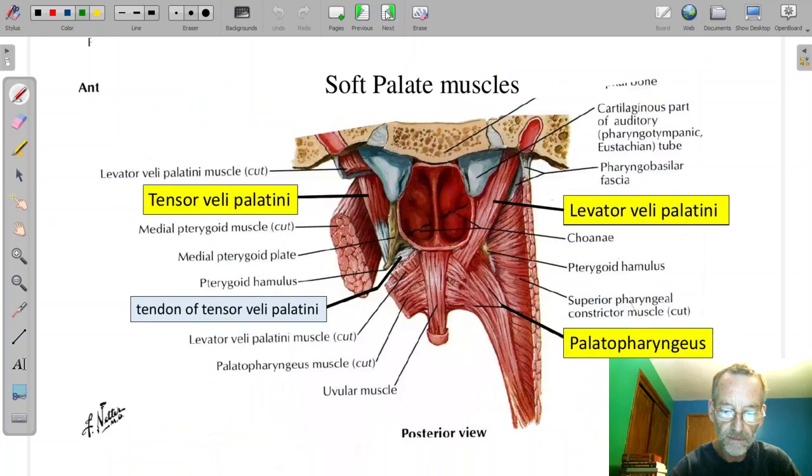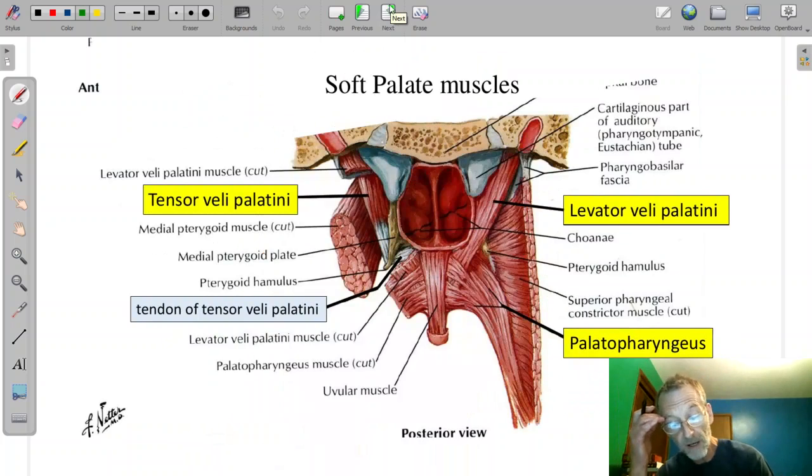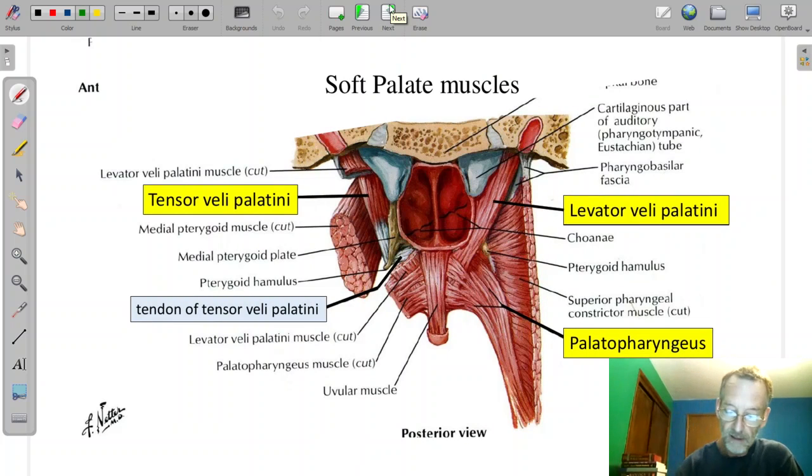Next slide. Okay, soft palate muscles again. This is a rather confusing view. It's a posterior view from the back, looking forward. It's a little bit difficult, but at any rate, here is a superior pharyngeal constrictor. It's been cut on both sides.